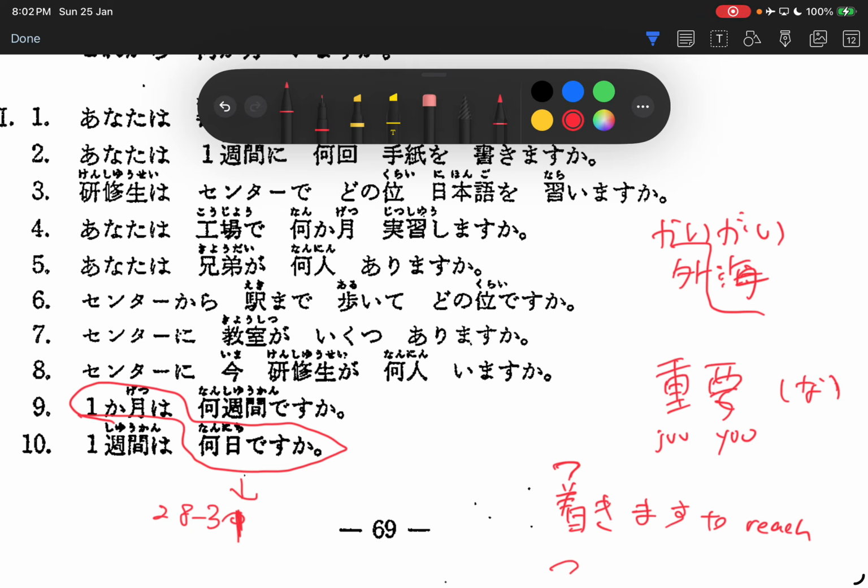Okay? Or you can say 大体28日から大体28日と31日の間です。Remember no 間? Remember in E1 we learned the positional particle?